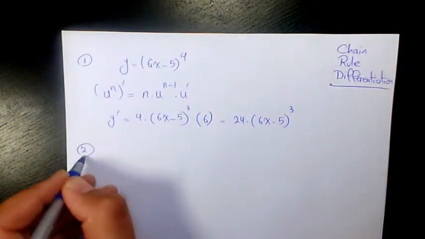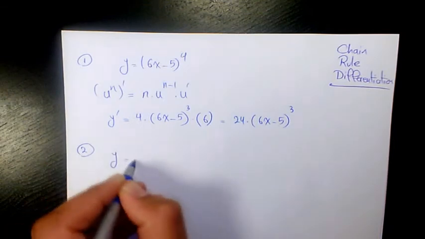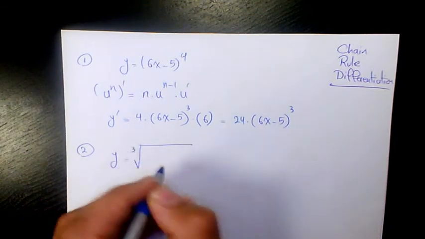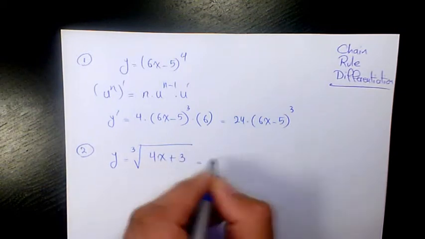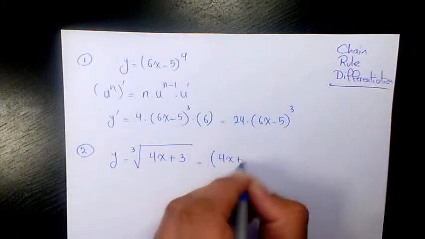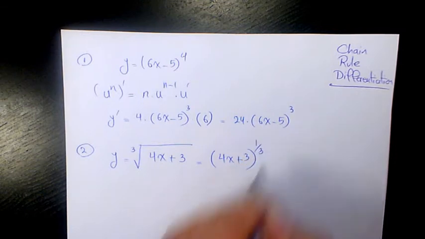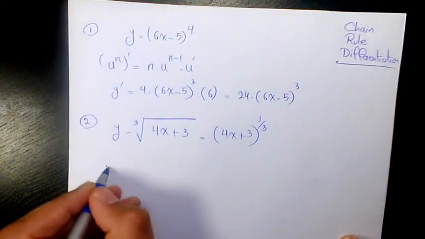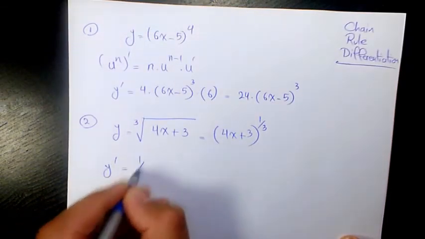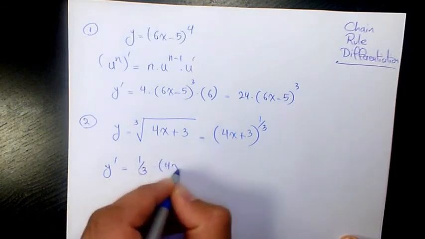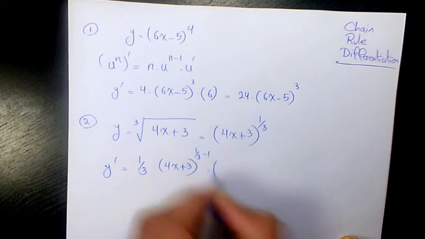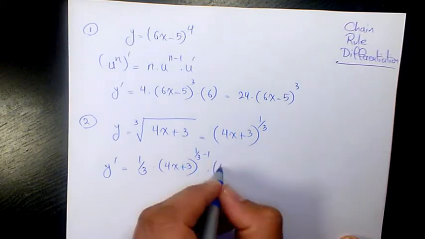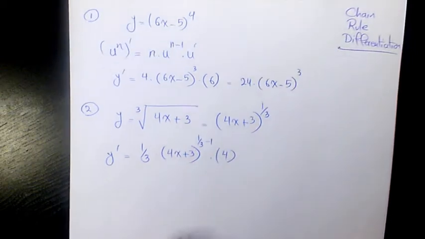Next one is y equals the cube root of 4x plus 3, which you can write as 4x plus 3 to the power of 1 over 3. So y prime is going to be 1 over 3 times 4x plus 3 to the power of 1 over 3 minus 1 times the derivative of 4x plus 3, which is 4.